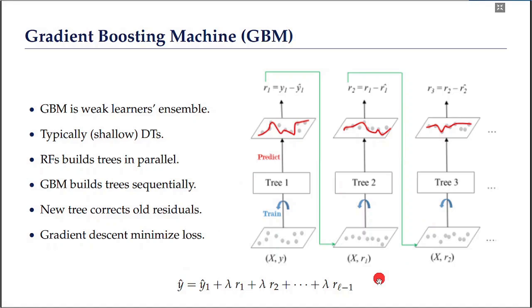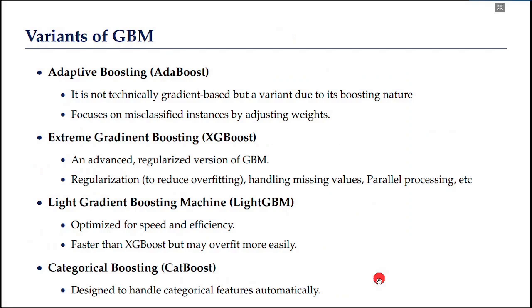So the gradient boosting machine is the most powerful compared to the other methods in most applications. There are also other variants of the gradient boosting machine, called adaptive boosting, extreme gradient boosting, light gradient boosting, and categorical boosting.